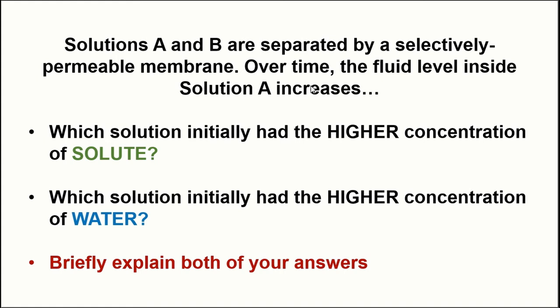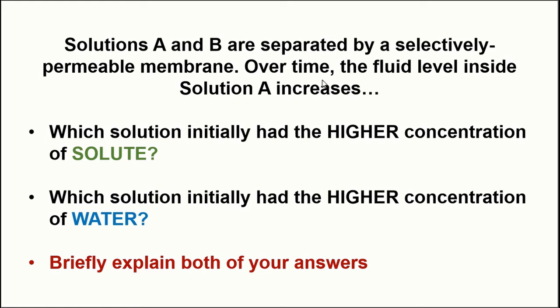You let this semi-permeable membrane sit, and you have no idea really what's in solutions A and B. You just know that there are two solutions. And you make an observation that over time, the fluid level inside of solution A increases.